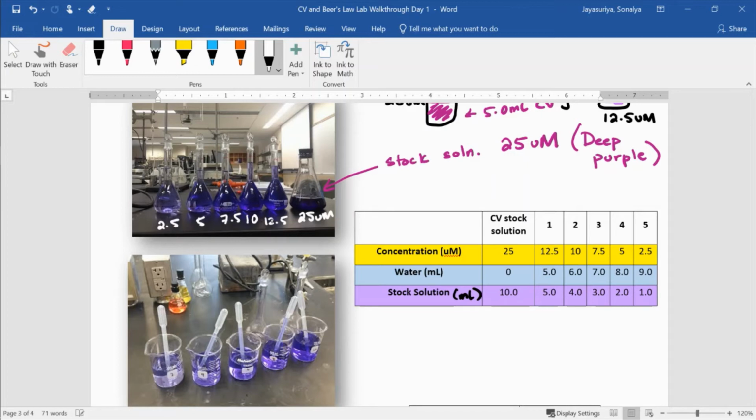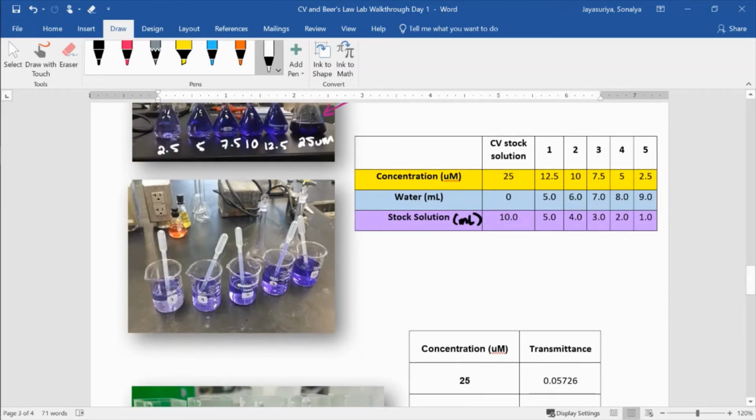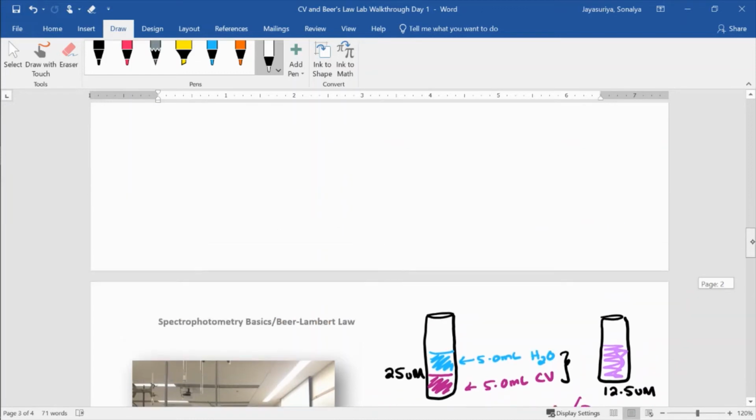The lightest one is the one that contains the least amount of crystal violet, which is 1 milliliter of crystal violet to 9 milliliters of water. Okay. And you can tell those different changes. This is solution 1 through 5. So this is 1, this is 2, this is 3, this is 4, and this is 5. So you have 5 solutions of different dilutions of crystal violet now. Okay? Now, let's talk about Beer's law.